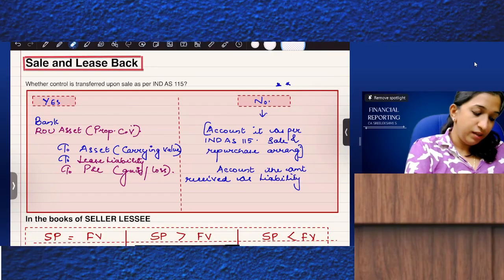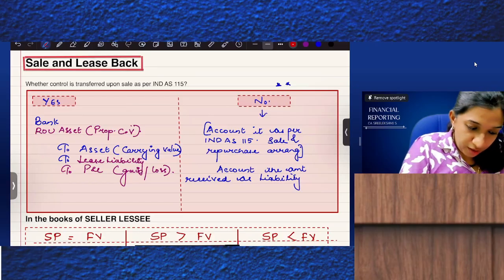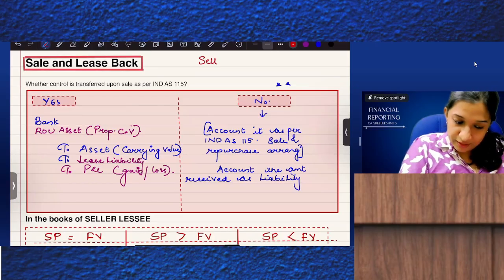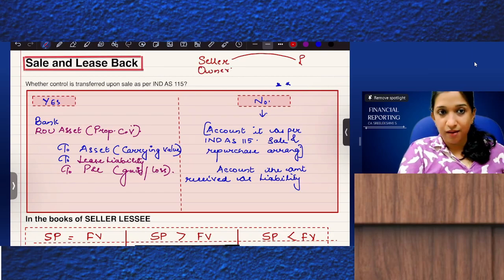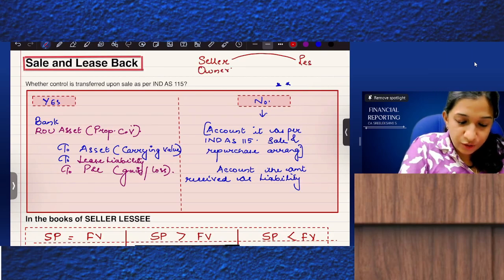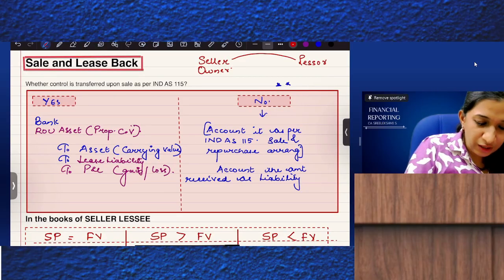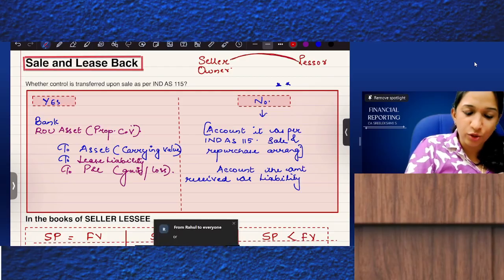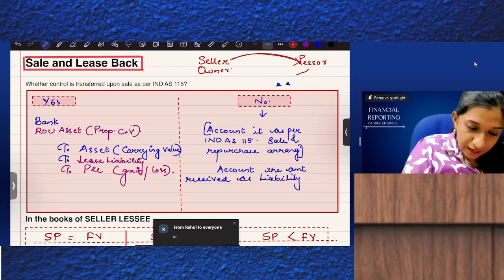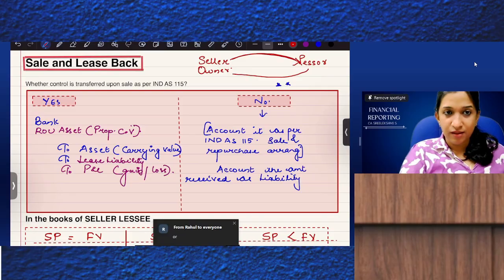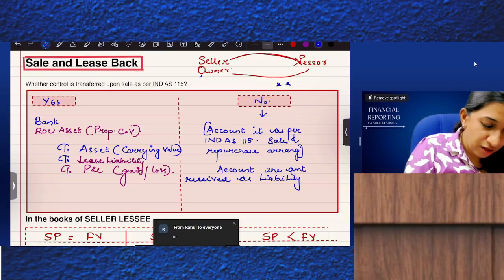The owner of the asset, in need of funds, sold the asset to a lessor and then leased it back, taking on the characteristic of lessee.